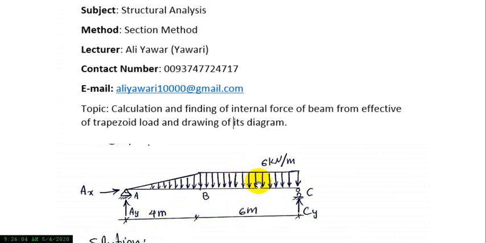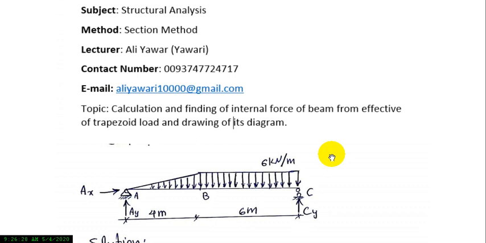In this part a triangular load is acting, and in this part a triangular loading and a rectangular loading. So I want to calculate the internal force reactions and draw the diagrams of them.